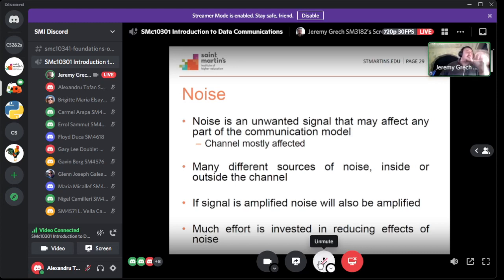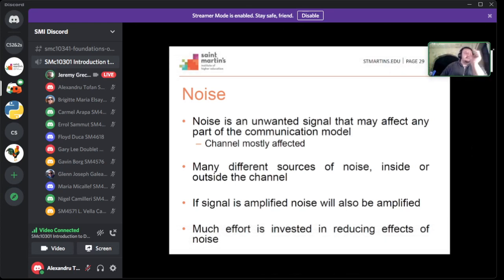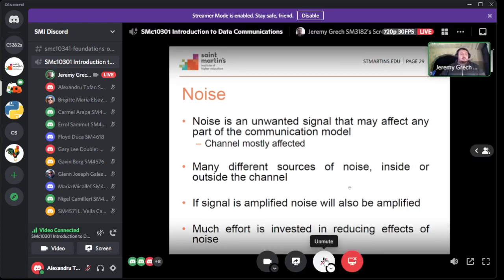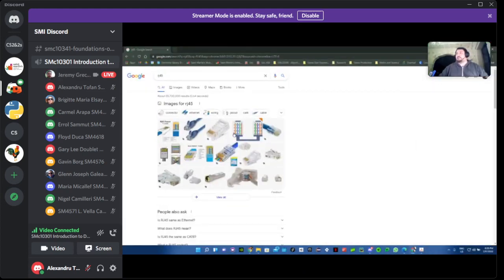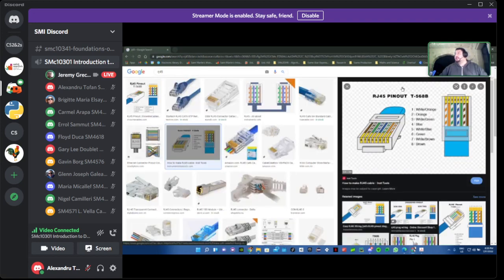Have you ever taken a look at, for example, an Ethernet connector? How it looks? It's 8 actually. RJ45. So essentially, when you look at an Ethernet cable, you'd probably see at the bottom that you have these 8 cables.